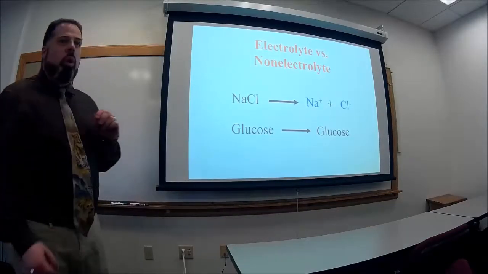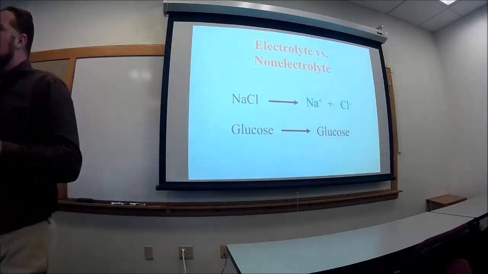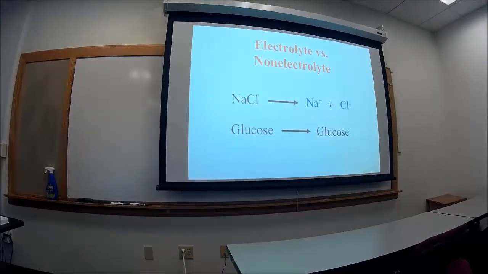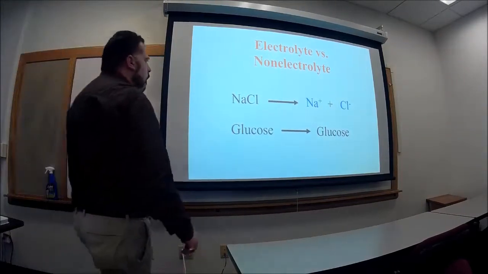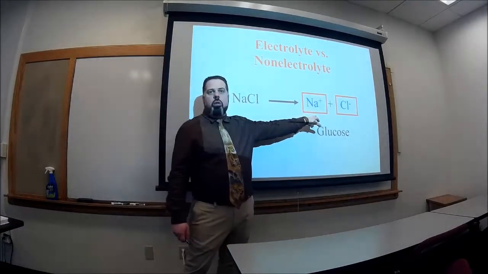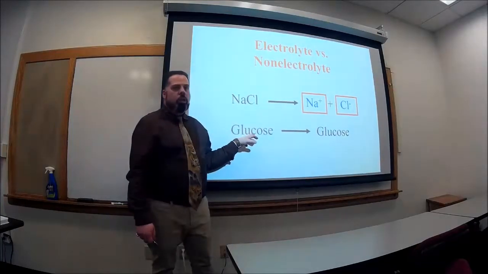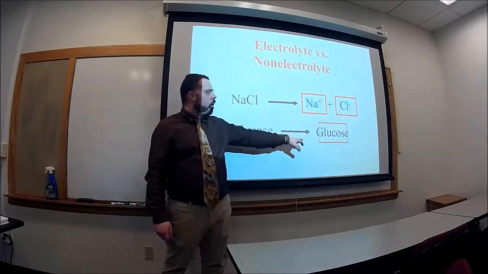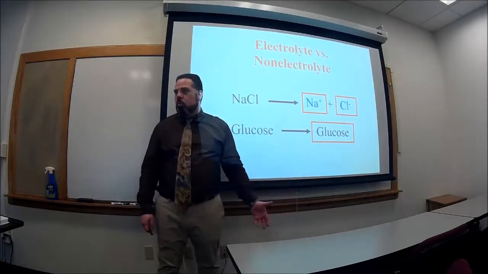So this is where I'm saying that electrolytes have more of an osmotic, oncotic drawing pressure than the non-electrolytes. For instance, if you put sodium chloride in water, it will split up into 2 things. But if you put glucose that doesn't have a charge into the water, it doesn't break up, it just stays as 1.